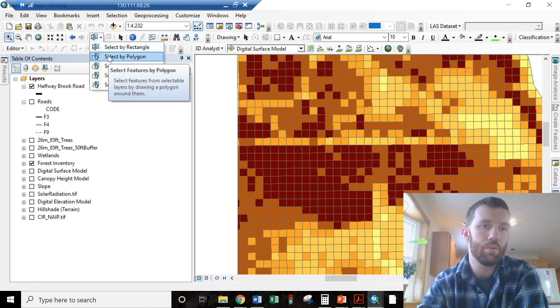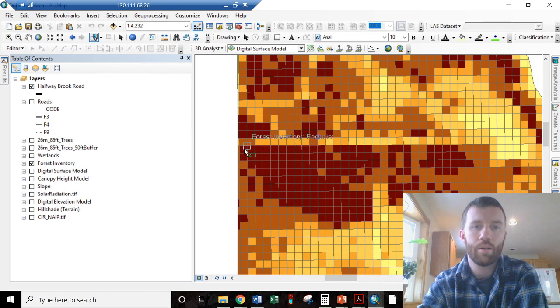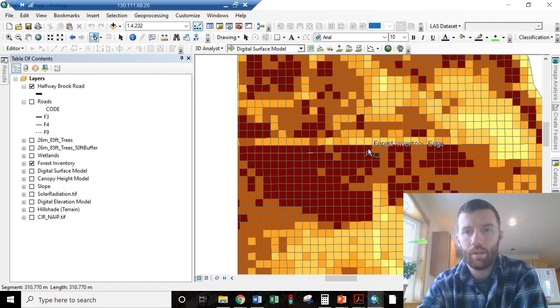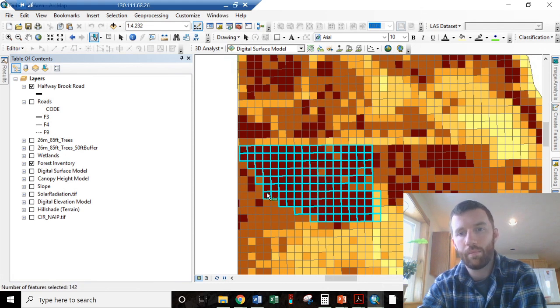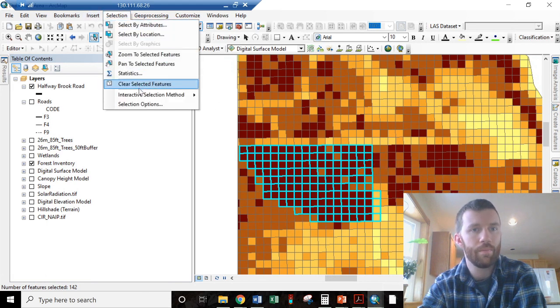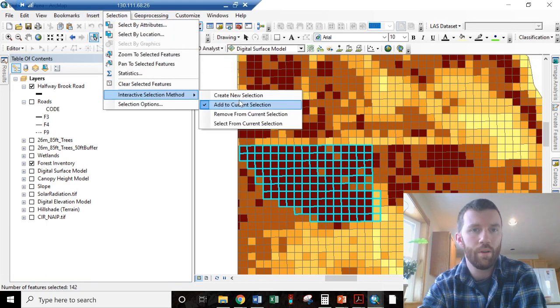So I'm going to select by polygon. And let's see, I want to go from here to here to here to here. And we'll try that. And I don't like that, so I'm going to selection, interactive selection method.